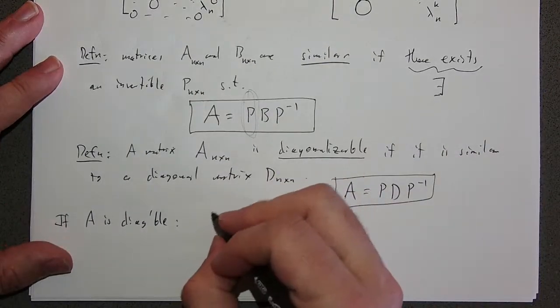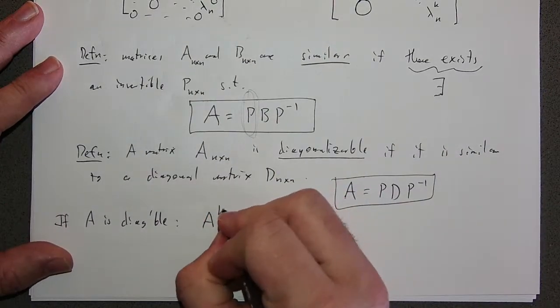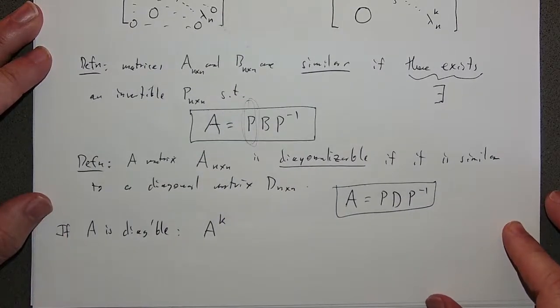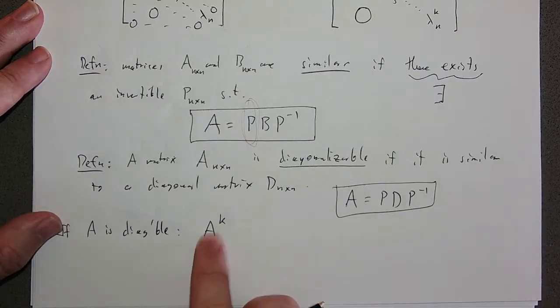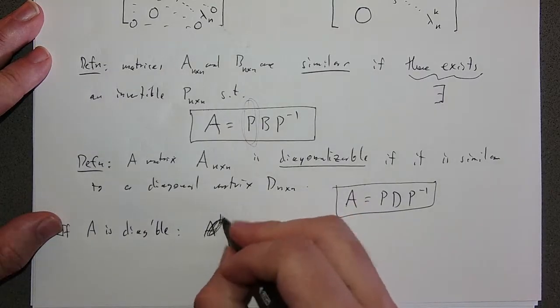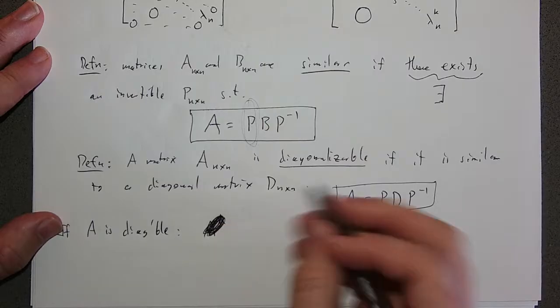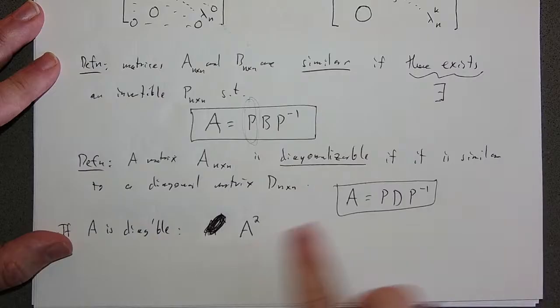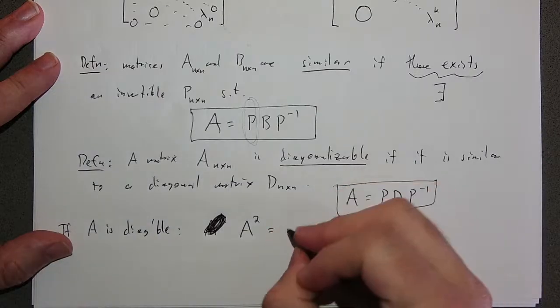Let's say I want to compute A to the K. Okay. In fact, let's start simpler to see how this works. Let's just do A squared. But A is P D P inverse.